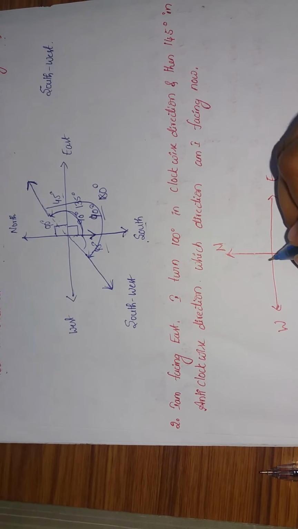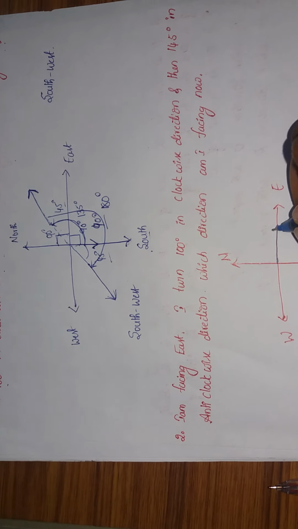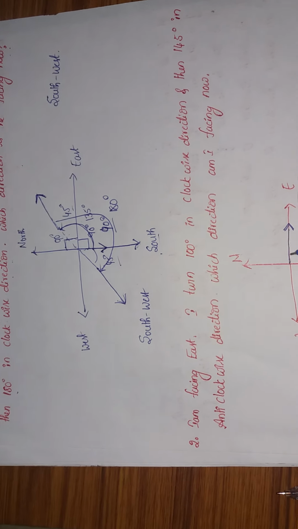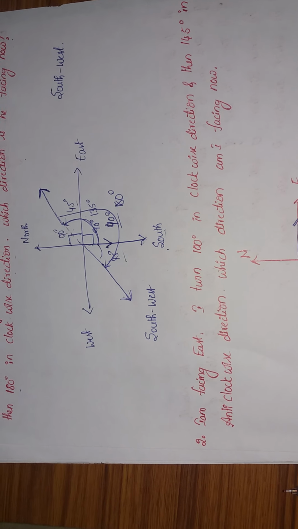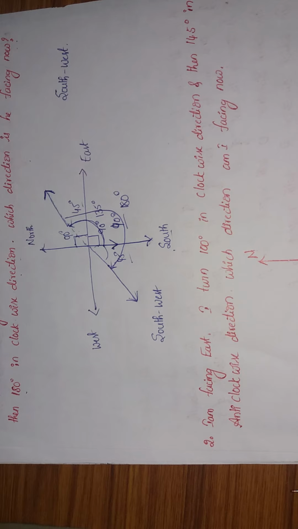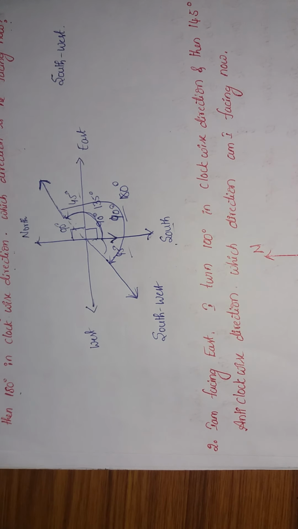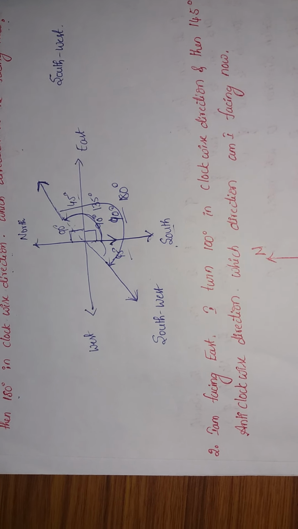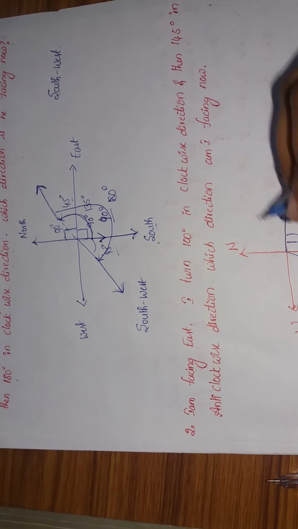I am facing east, means I am looking in this direction. I turn 100 degrees clockwise. This entire degree clockwise means in this direction. So this is 90 plus 10 degrees. The total is 100 degrees in the clockwise direction.